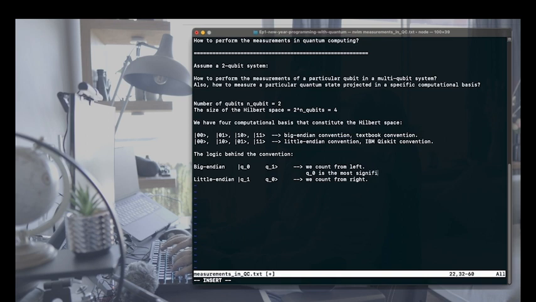And as I type here, in Big Endian Q0 is the most significant bit. However, in Little Endian, we count from the right, which means that Q1 is the least significant bit.